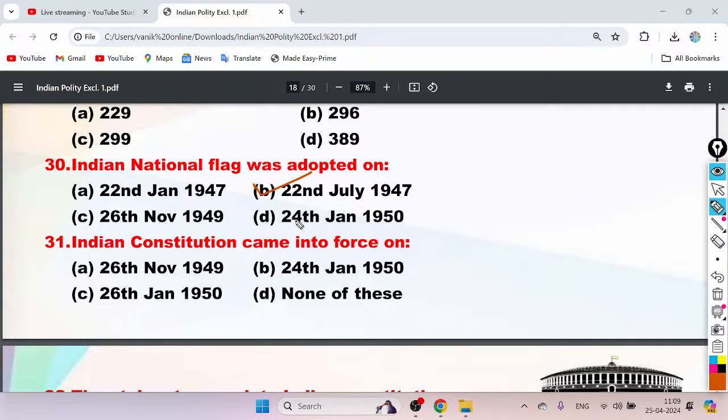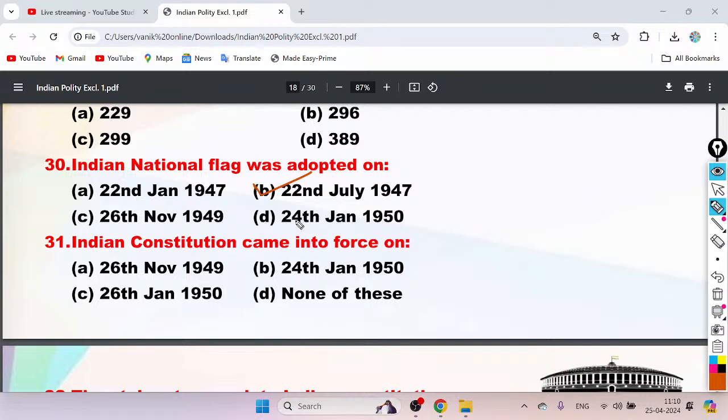And the rules and regulations for hoisting and using the flag are mentioned in the Flag Code of India, which replaced the National Honor Act 1971.